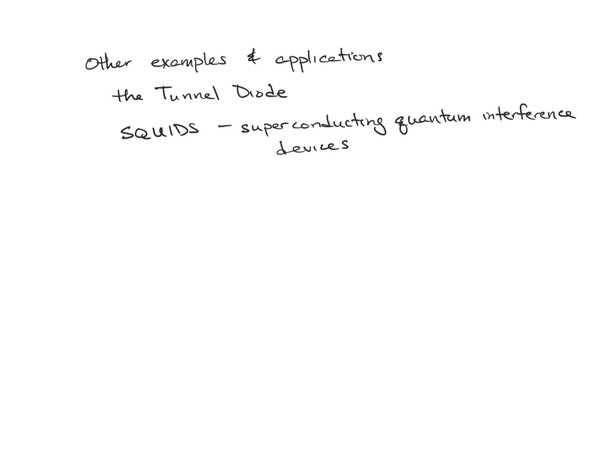So our charge carrier wave functions can be constructive or destructive interference in a SQUID. In the case of the SQUID, the phase relationship of the charges that are separated by the weak link is very sensitive to any nearby magnetic field. So SQUIDs can detect extremely small magnetic fields, including those produced by the human heart or the human brain, which makes them really useful devices.